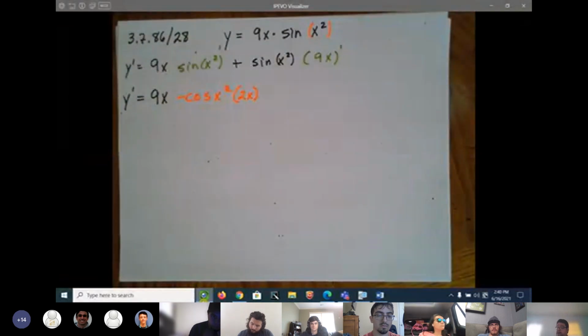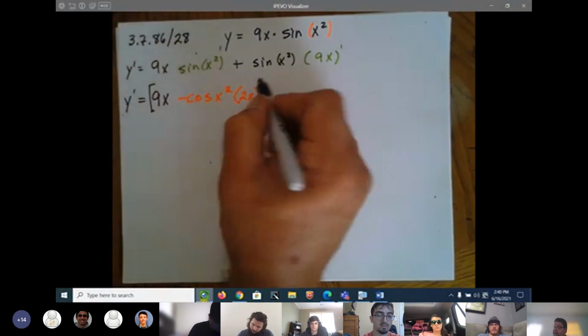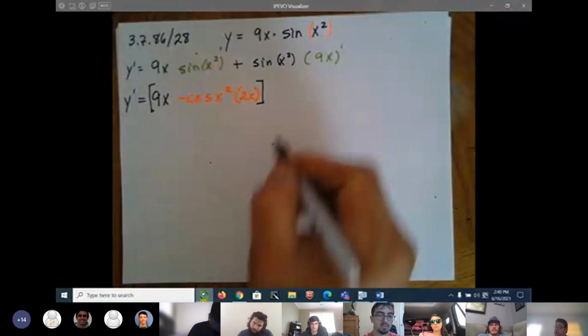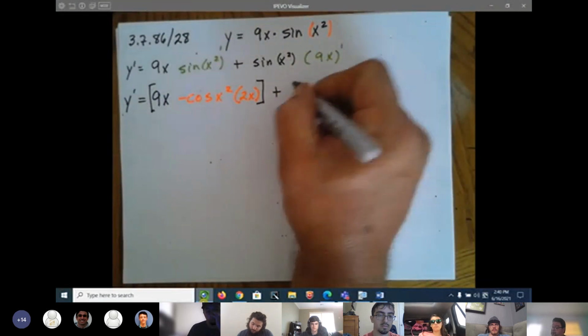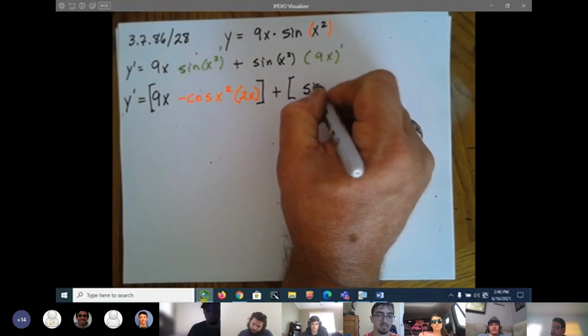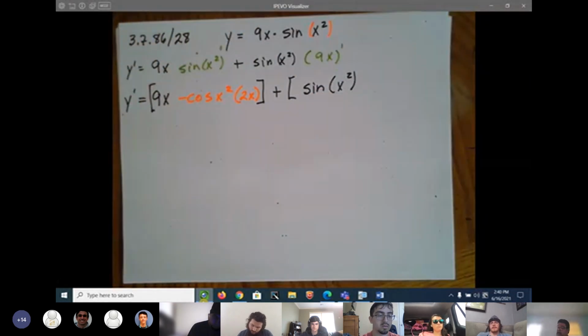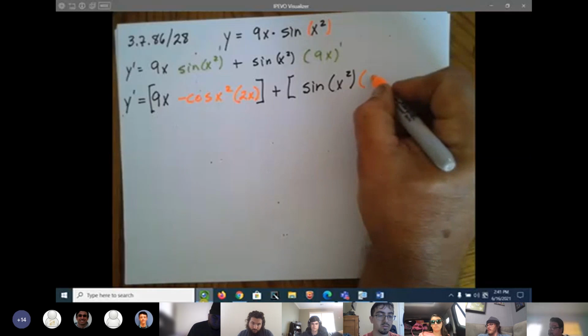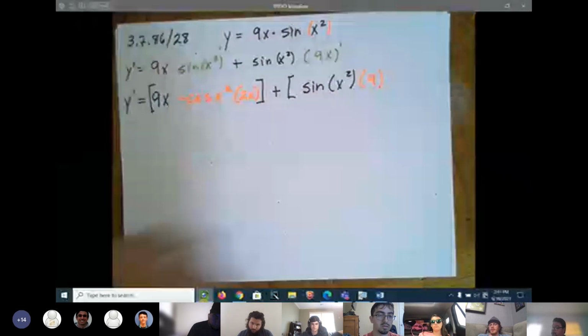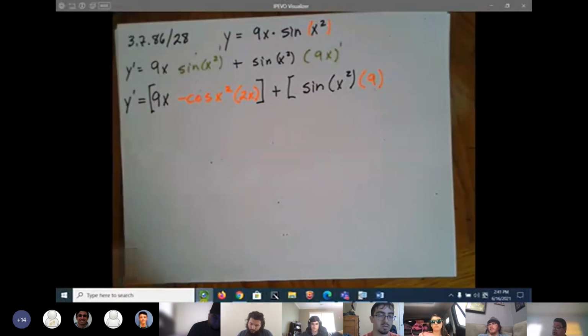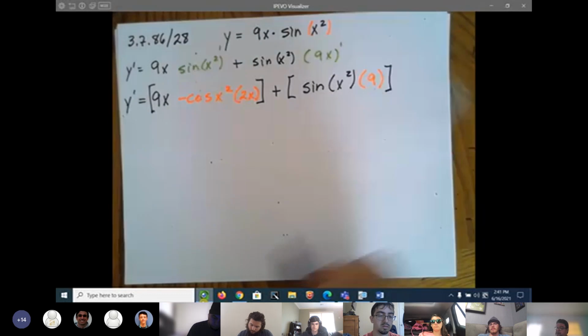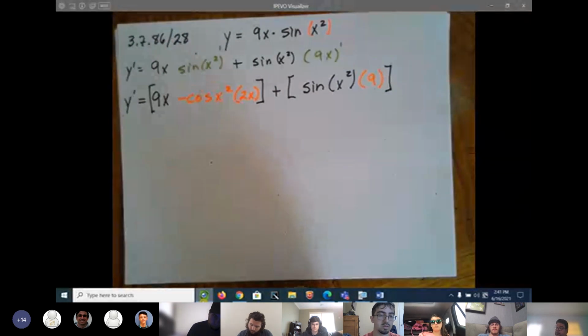So all that is first times derivative of the second, plus sine of x squared times 9. All right, the calculus is done, folks, for the first derivative.